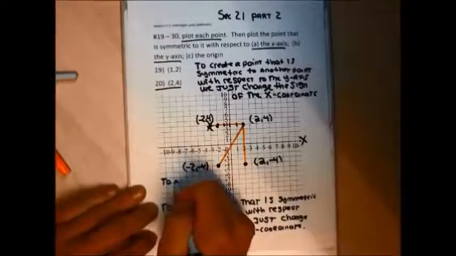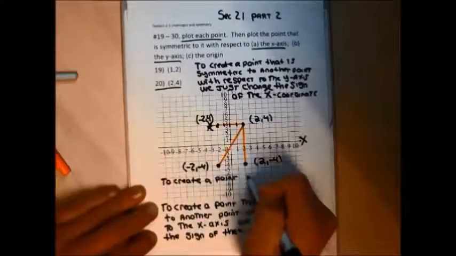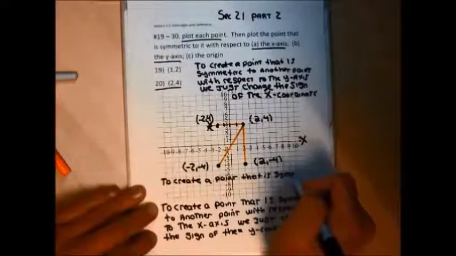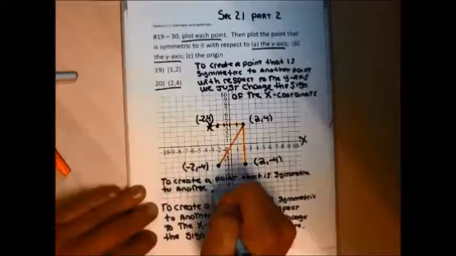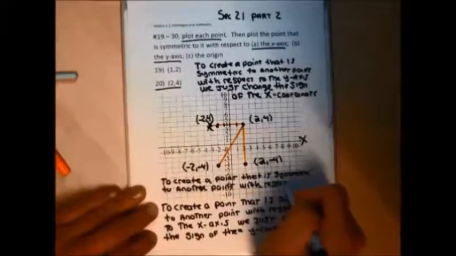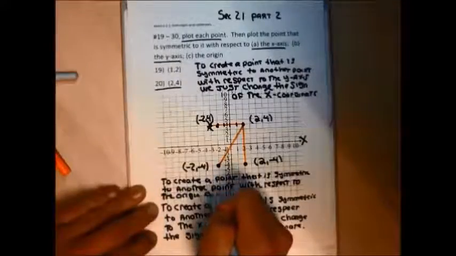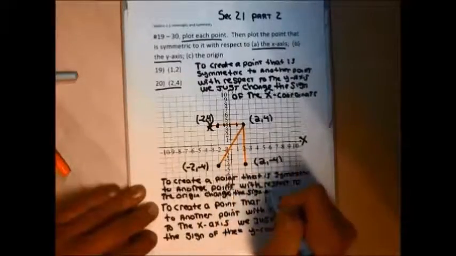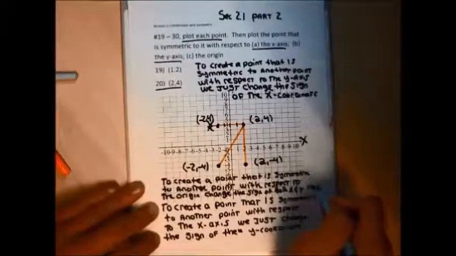So to create a point that is symmetric to another point with respect to the origin, change the sign of both the x and the y coordinate. I'm out of room, so I'm abbreviating.